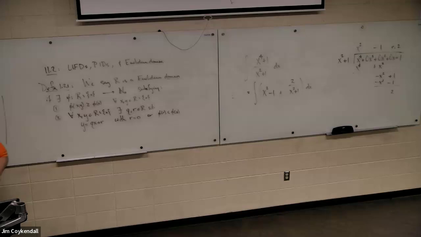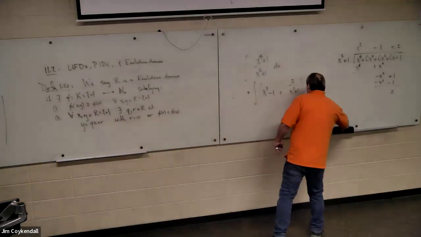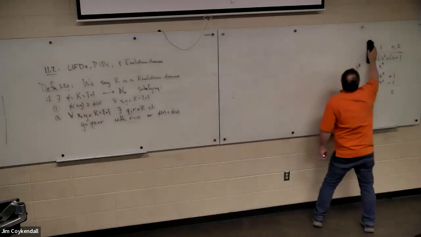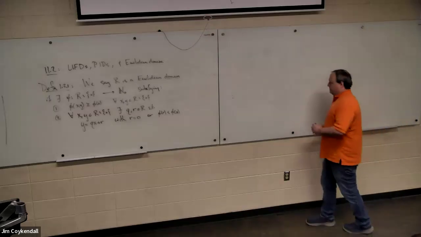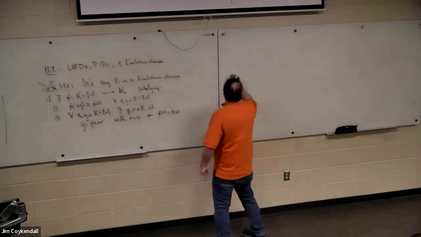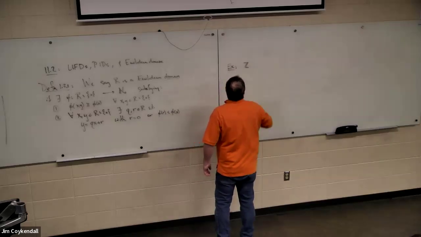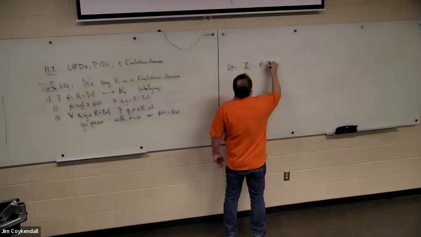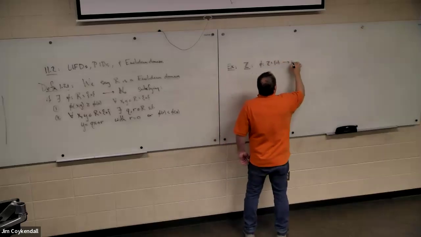Let me give you some examples here. So here are some examples of Euclidean domains. The integers, where phi maps Z minus zero into the natural numbers.